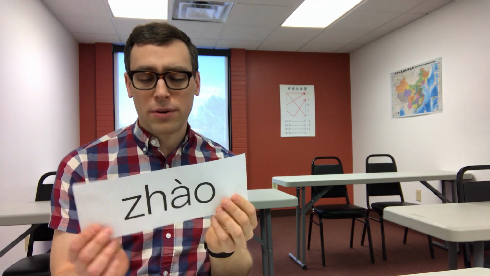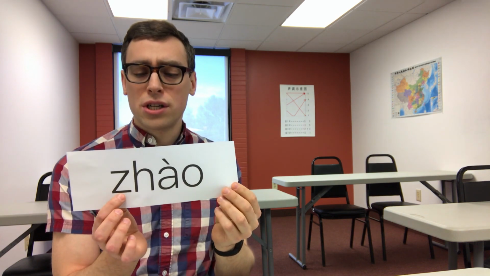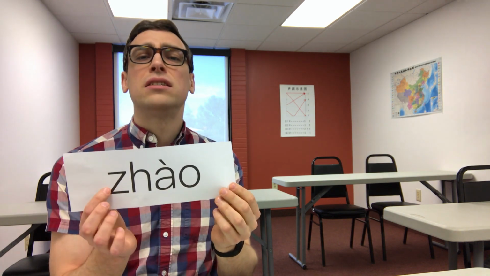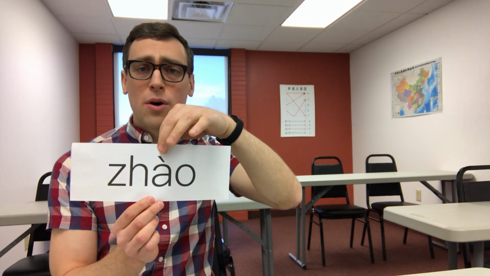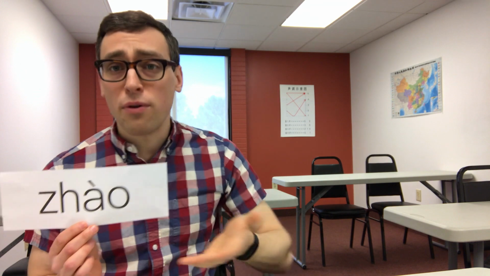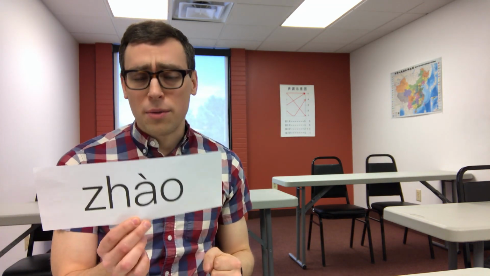So if you sound like this, your tongue is in the right spot, okay? So zhi, ao, zhao, right? Actually, the tone doesn't matter too much. I chose fourth tone for both of these today, but you can kind of disregard that. No matter what tone you're working with, the same rules apply.